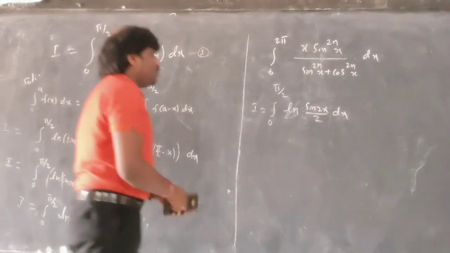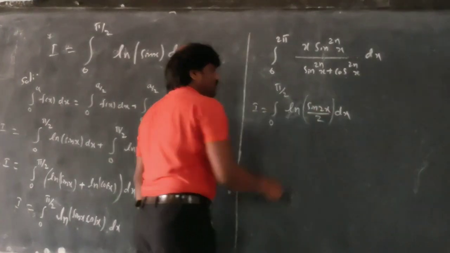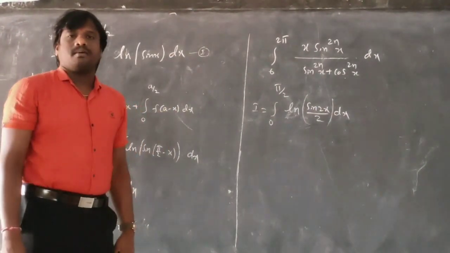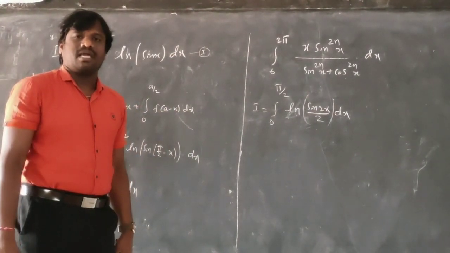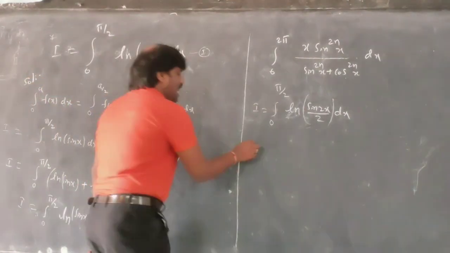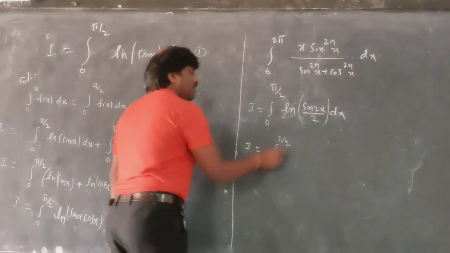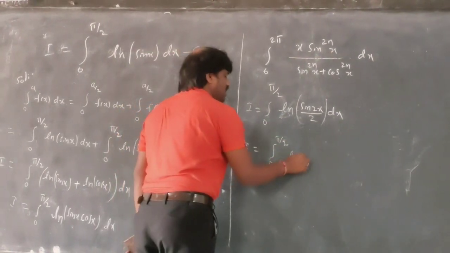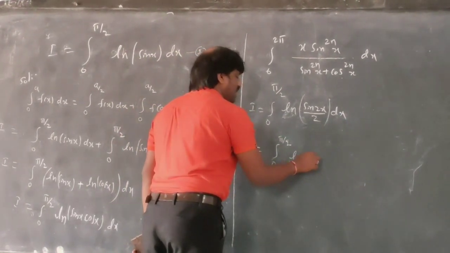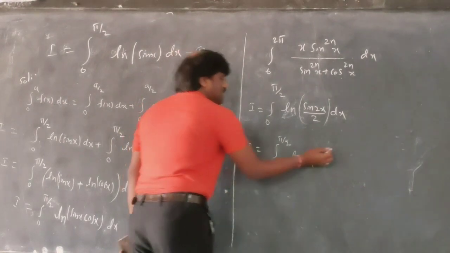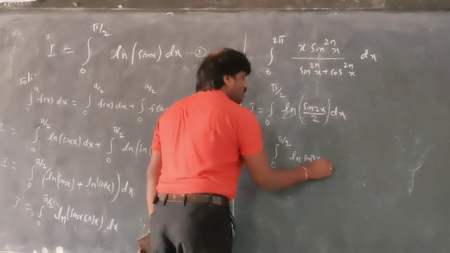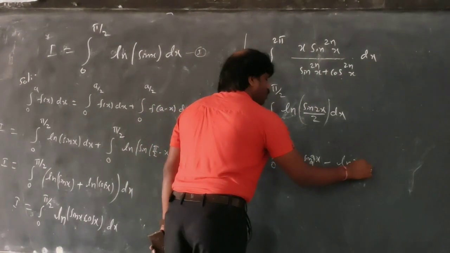So now you need to integrate this one. What is the log a by b formula? Log a by b is log a minus log b. So I can write I is equal to integration from 0 to pi by 2 of ln sin 2x minus ln 2.